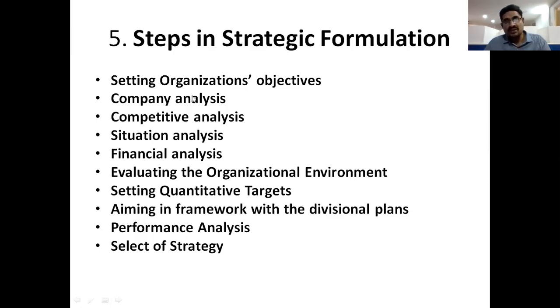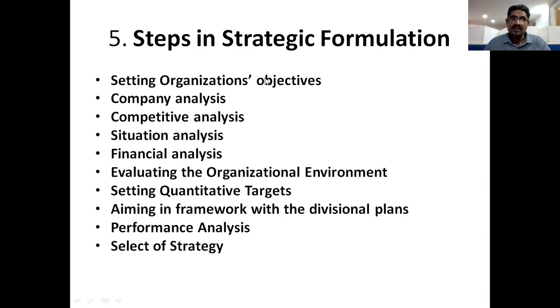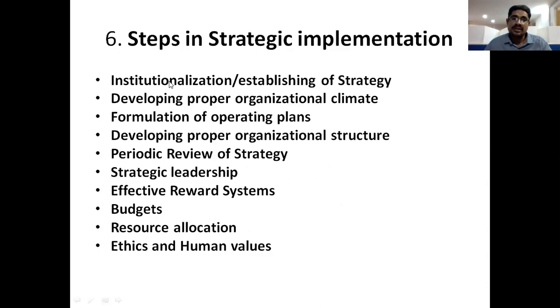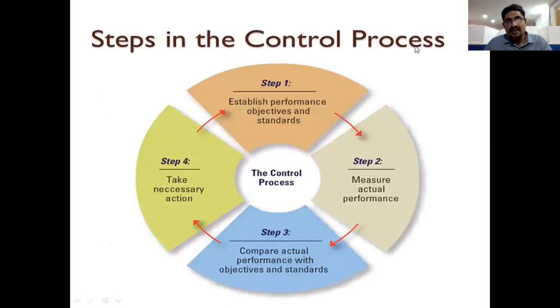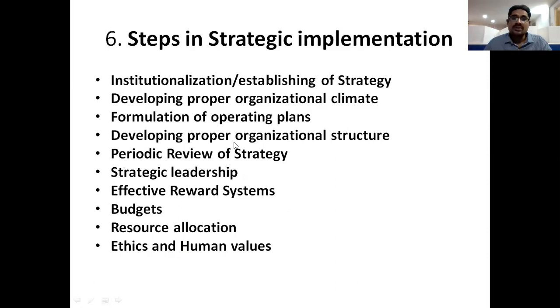After completion of these strategies, we need to implement the strategies which are formulated in this step, right? That is strategic implementation. And then strategic evaluation and control. These are the few steps we need to take for controlling of implementations, right? So look here, strategic implementation.